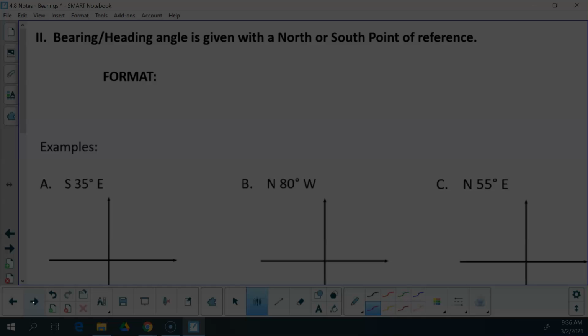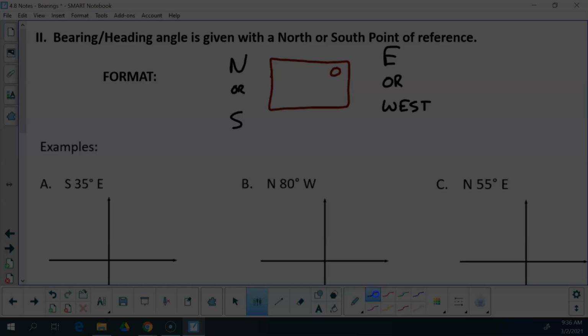Okay. So bearing and heading angles are also of the form north or south, then some angle, and then east or west.